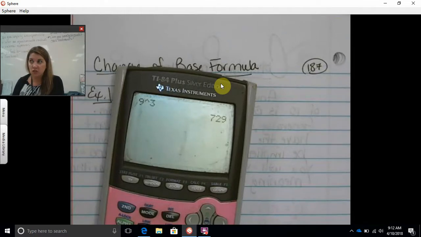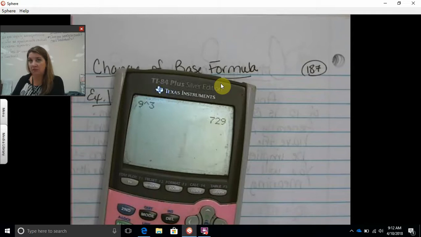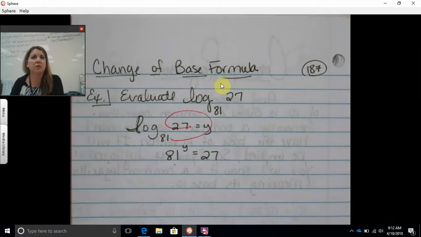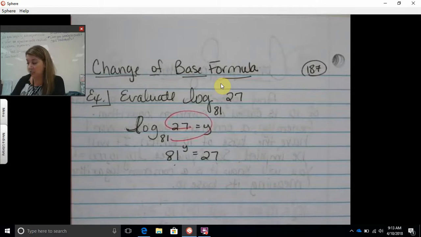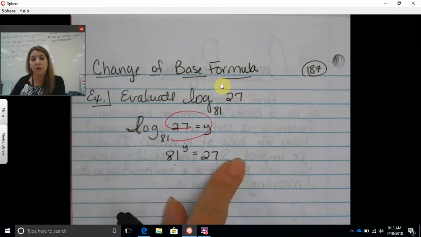So remember, it's an exponent, you're not multiplying. Base of 3? Okay, I'm sorry, I thought you were saying 9 to the third power.